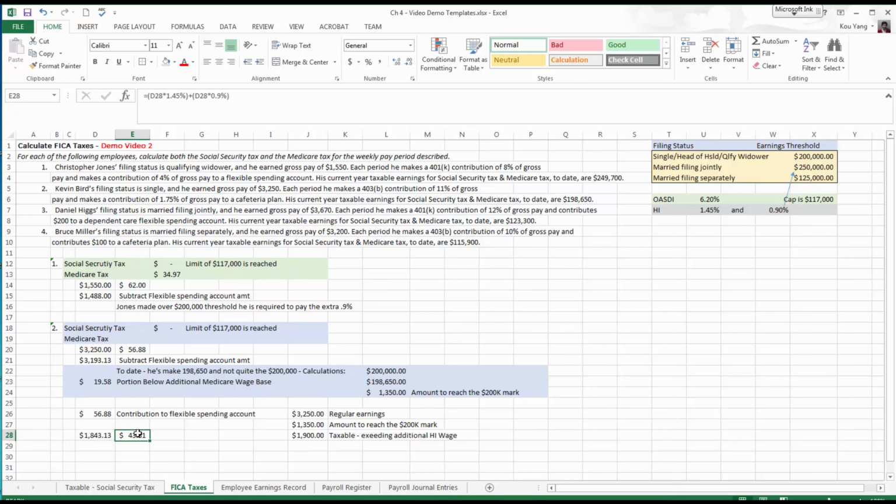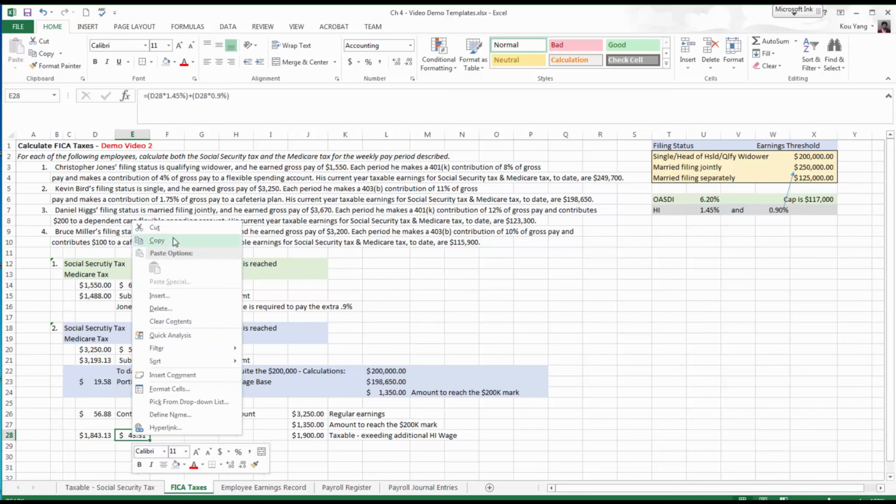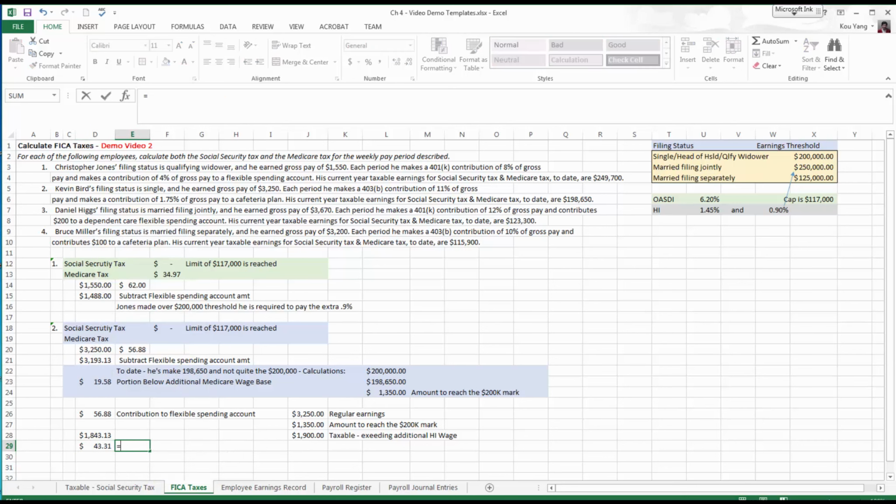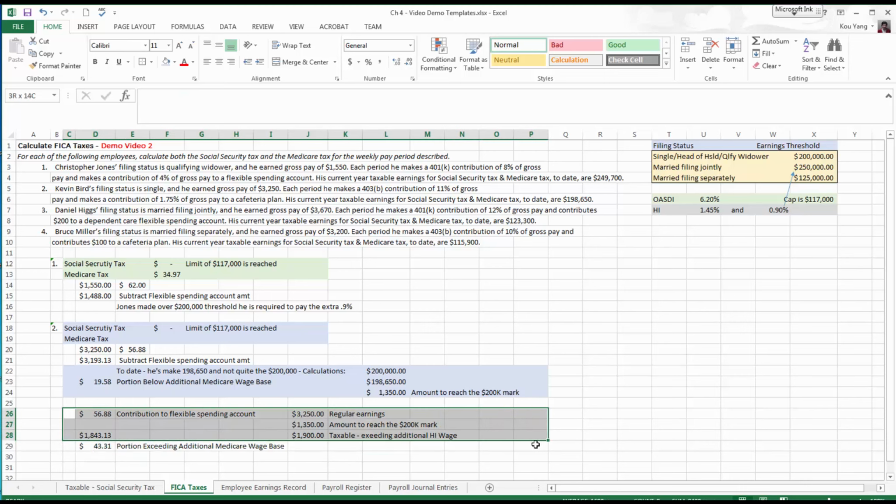And your total for the portion, excuse me, I'm going to go like this. Cut, paste special, paste. This is the portion exceeding the Medicare base wage.